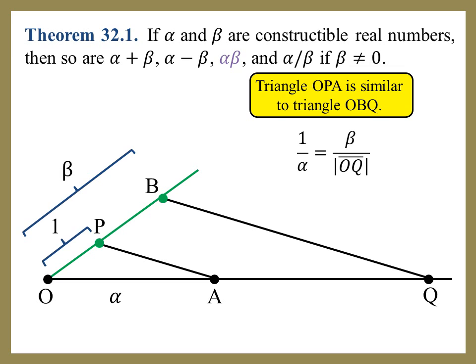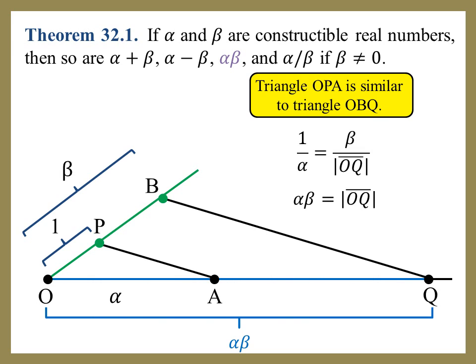Therefore, 1 over alpha equals beta divided by the length of segment OQ. Hence, alpha times beta equals the length of segment OQ. This gives the desired result.